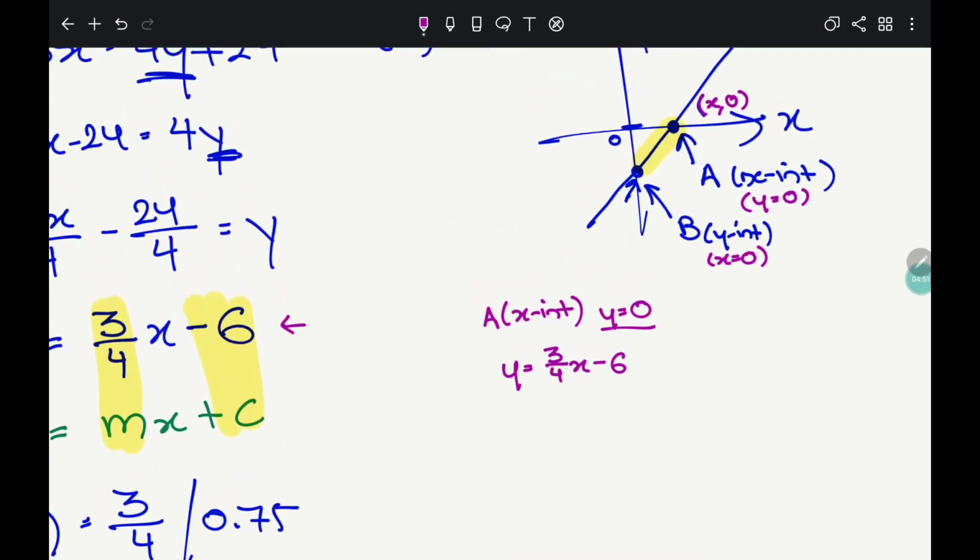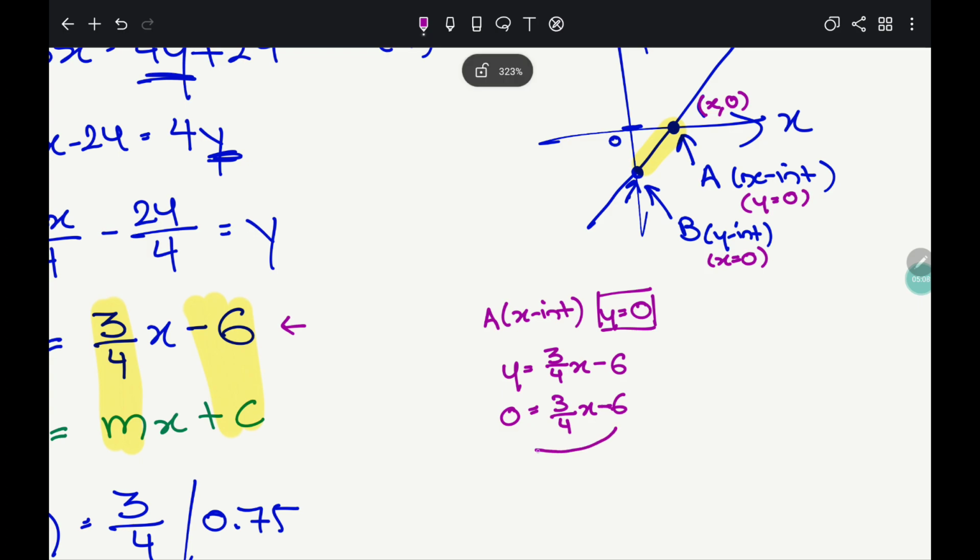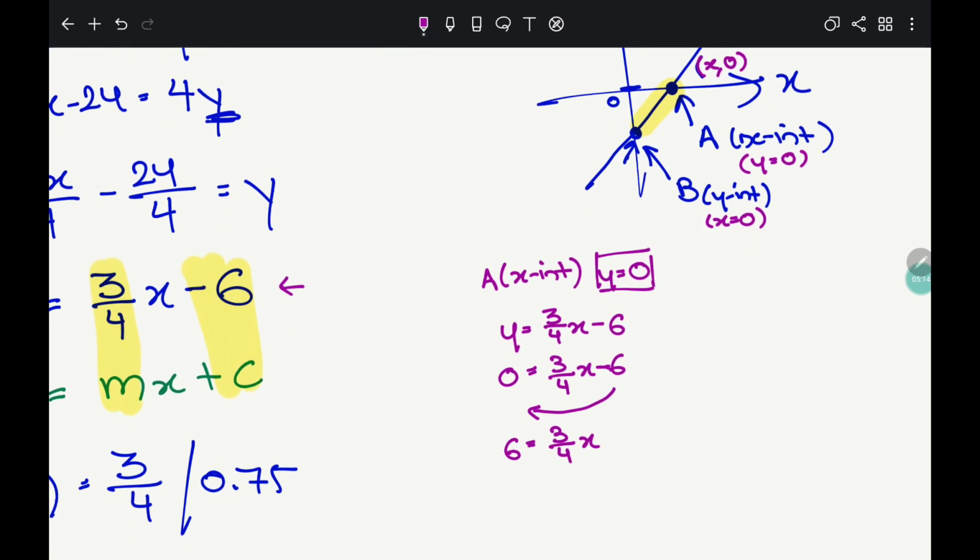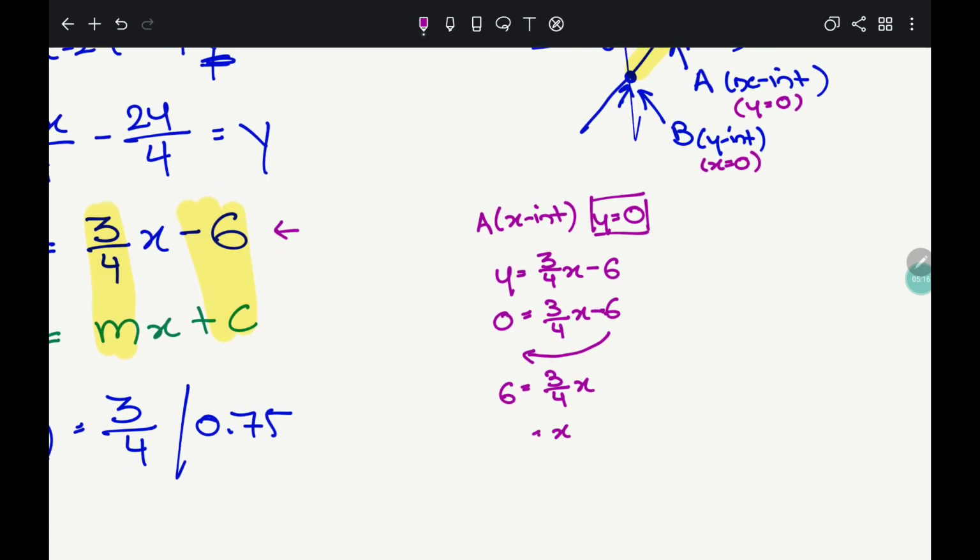For me to get the x-intercept, I sub in y equals 0 into the equation: 0 equals 3 over 4 x minus 6. Solve for x. I bring the negative 6 over. Now I want to make x the subject.